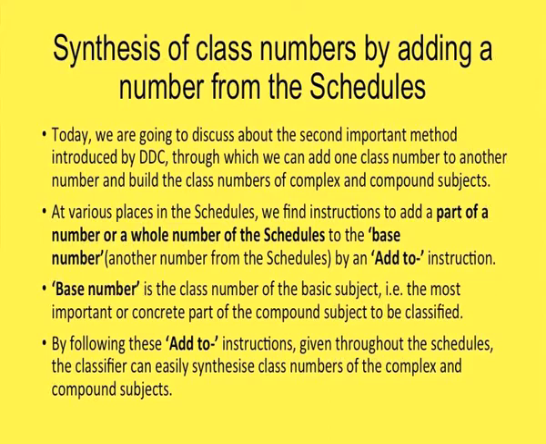Base number is the main subject number, and to this number, as per instruction, we add part of the schedule number or the full class number. So, what is basic subject number? It is the most important or concrete part of the complex subject or compound subject to be classified.